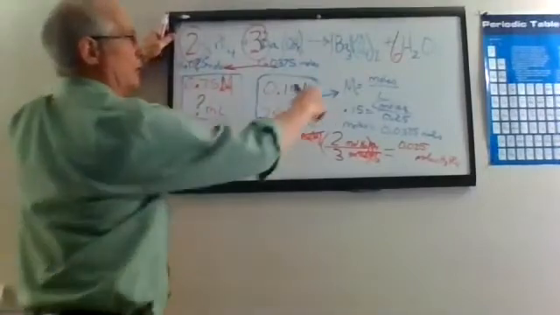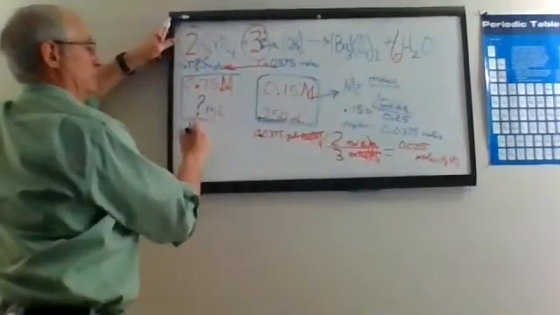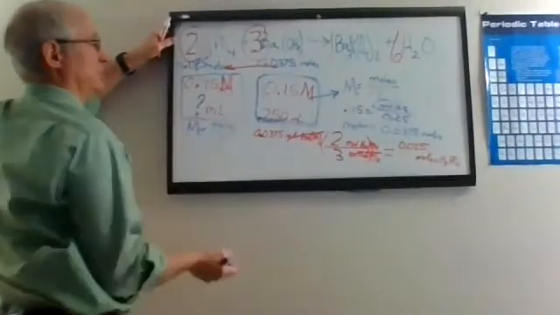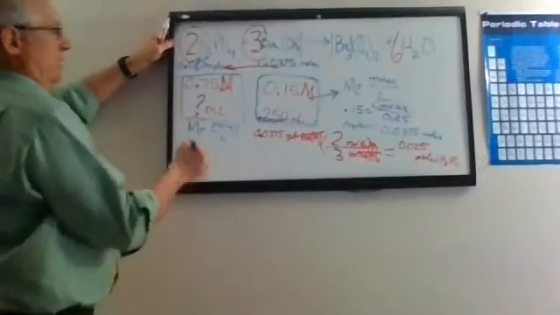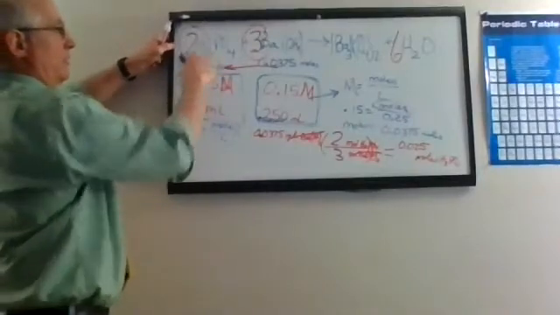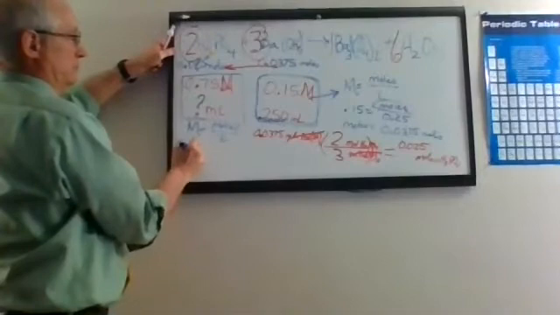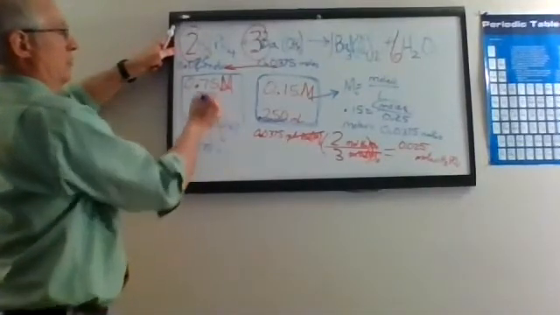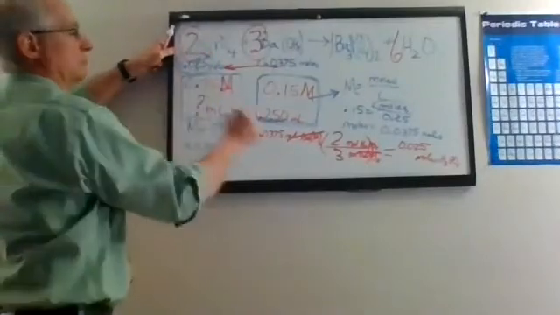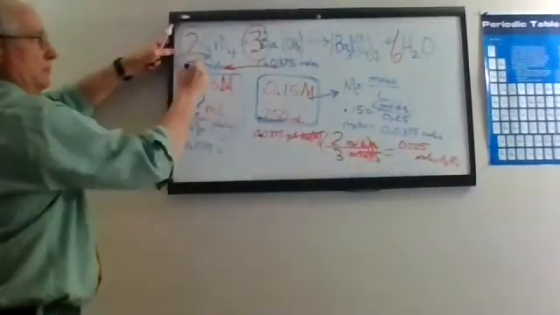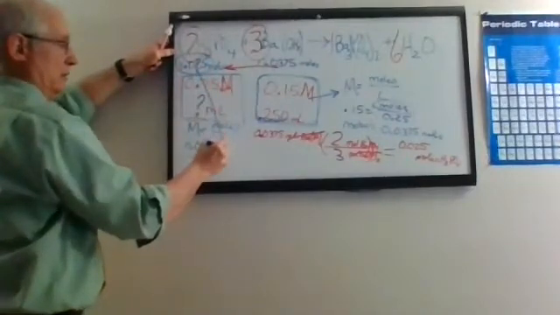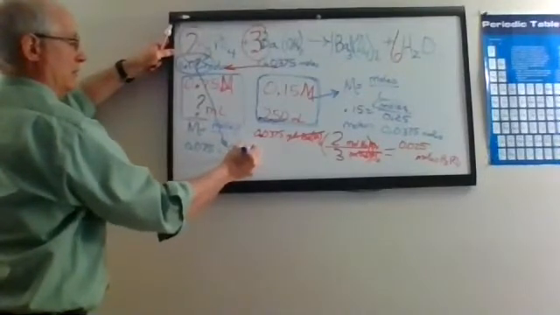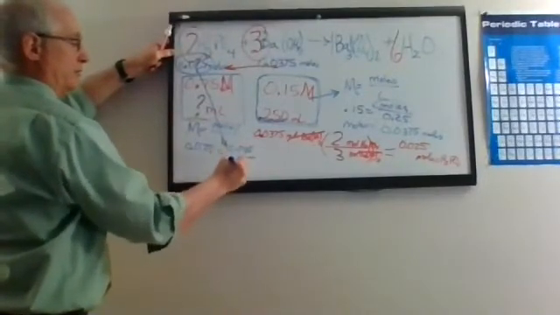What's our formula for molarity? Okay. What molarity did we want on this? What were the moles we calculated? How many liters?